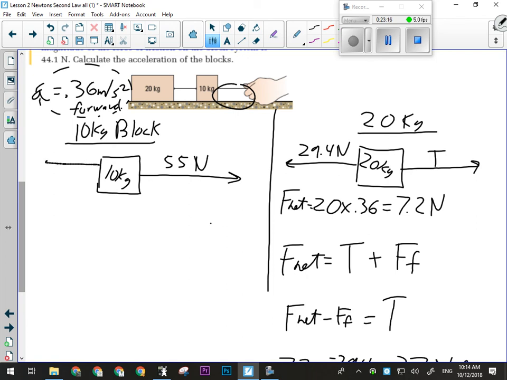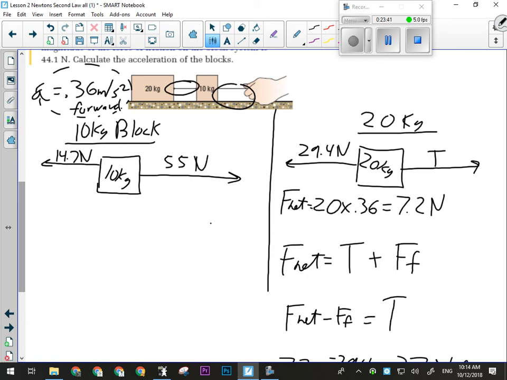I have friction, 14.7 newtons, and what else? What's the other force pulling backwards on the 10 kilogram block? No, not the 20 kilogram friction, but just this rope.